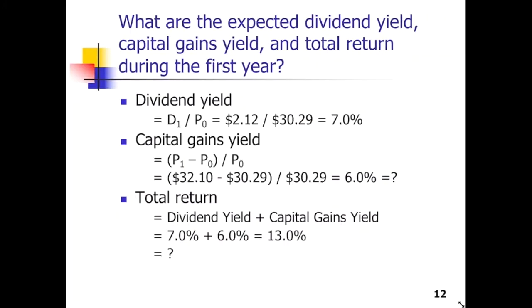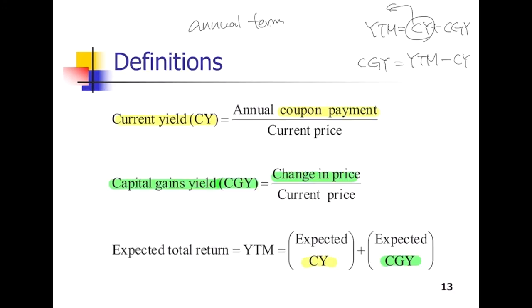What are the expected dividend yield, capital gain yield, and total return during the first year? There are three types of return. The first one is dividend yield, the second one is capital gain yield, and the rest one is total return. Do you remember in the bond valuation chapter, we already learned this kind of return? Yes, this slide.